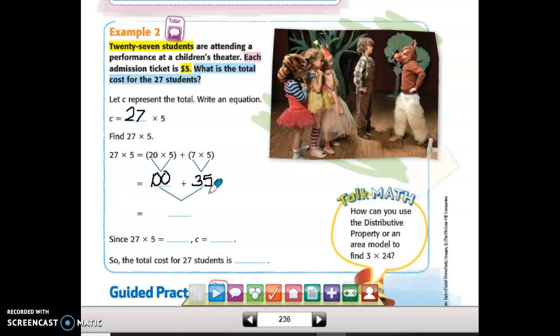And when I add these two, the sum is 135. And 27 times 5 is 135. That means C is 135. So the total cost for 27 students is $135.